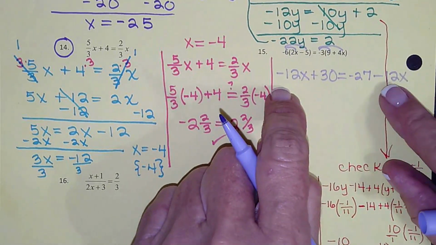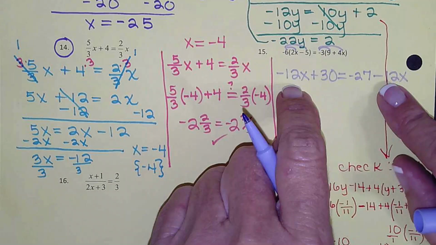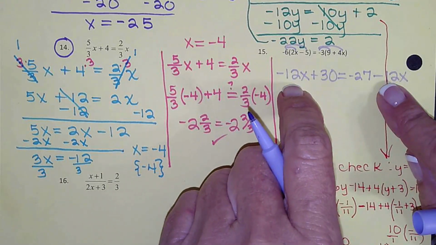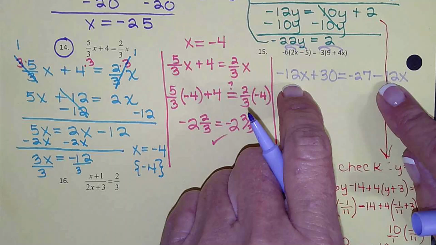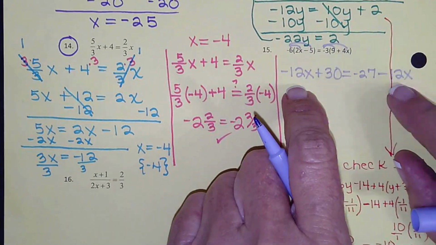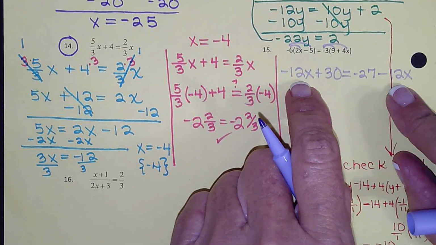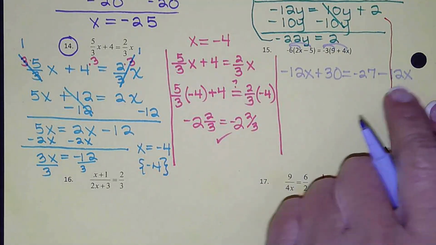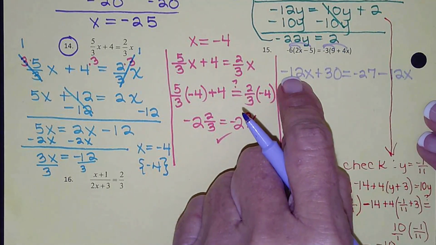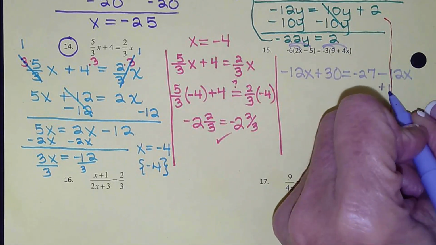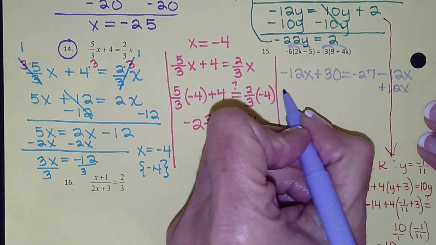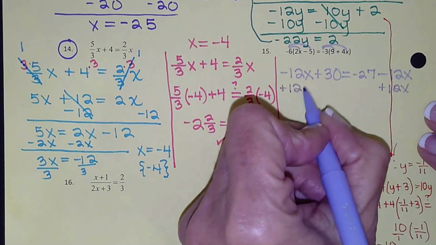And the minute I see the same x's on both sides, I know this problem is all real numbers or no solution. So anytime the x's are the same on both sides, that means they're going to cancel on the next step. So to bring all the x's to the left, we have to add 12x and bring it over here, add 12x.